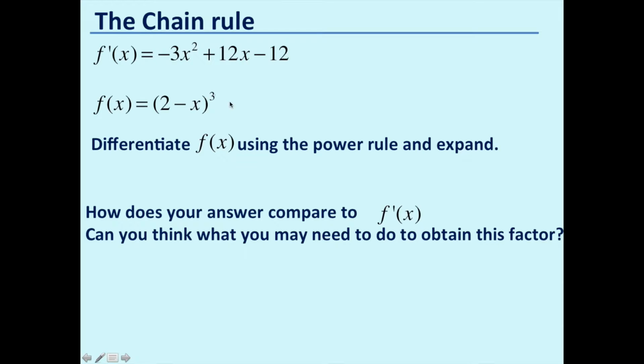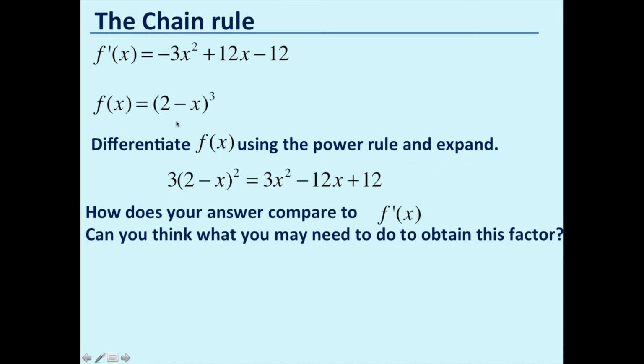So just to reiterate, take our expression f of x equals (2 minus x) cubed, differentiate it using the power rule that we've looked at and expand, and see how your answer compares to the derivative that we've just calculated. And then once you've done that, just have a think about what you might have to do to your answer from this to end up with this.